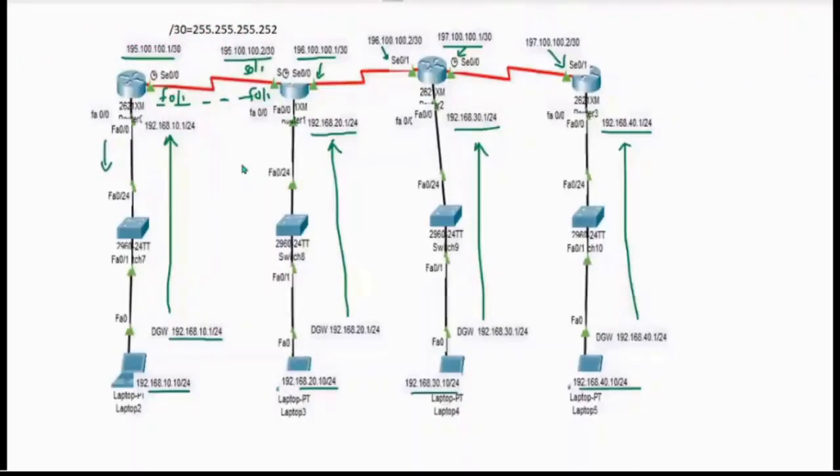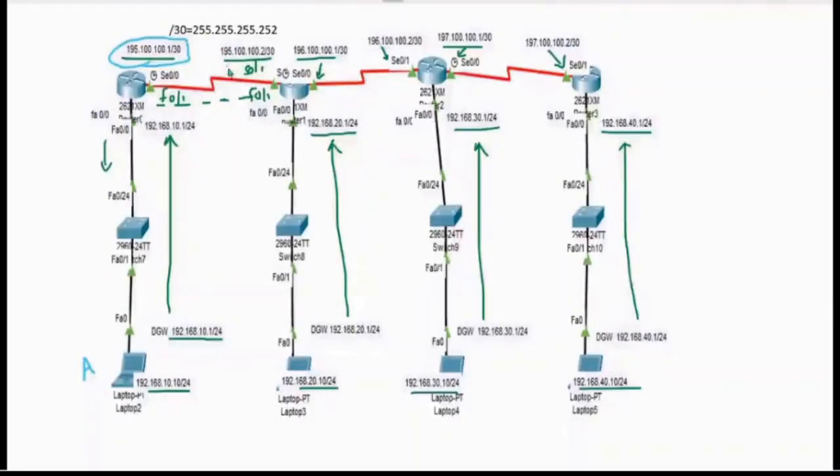Now let's have a look at why we need routing. The purpose of routing is, after all the IP allocations and device connections, when you try to communicate from this particular PC to other routers or networks, you can reach up to this router's interface only, 195.100.100.1/30.